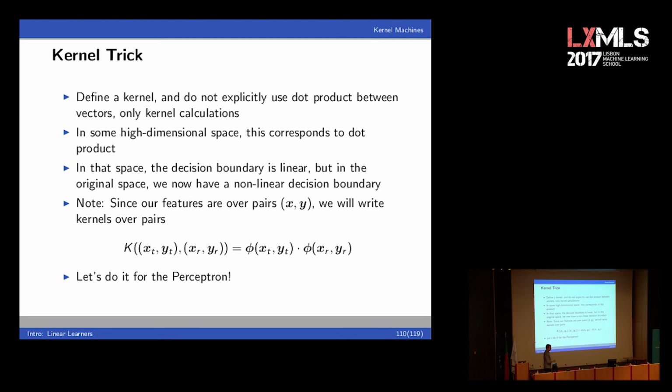So if we now apply this to the perceptron, you have to be clear that our features are over pairs. So our kernel map is also over pairs. So we compare xt, yt to xr, yr. Can be the same x, but doesn't have to be.